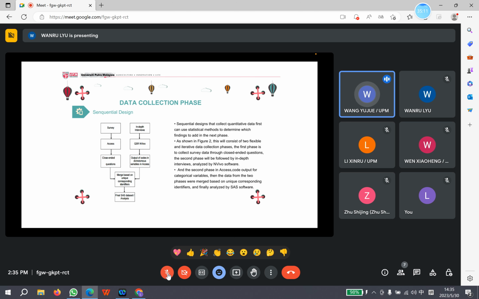The second phase will be followed by in-depth interviews analyzed by NVivo software. And then the second phase in Access, code output for categorical variables. Then the data from the two phases were merged based on unique corresponding identifiers, and finally analyzed by SAS software. Next, please.